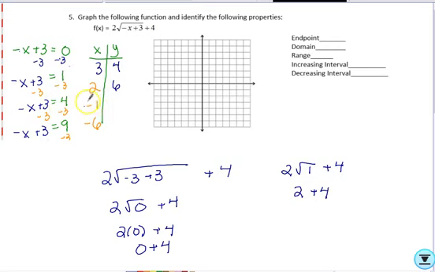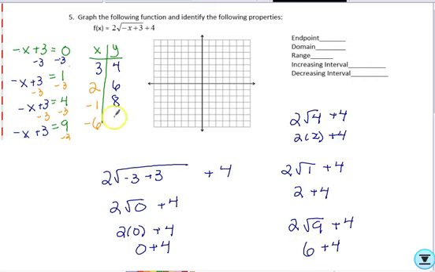When I substitute in -1, I know that's an argument of 4. So 2 times 2, that's 4 plus 4. And then -6 gave me an argument of 9. That's 2 times 3, 10.